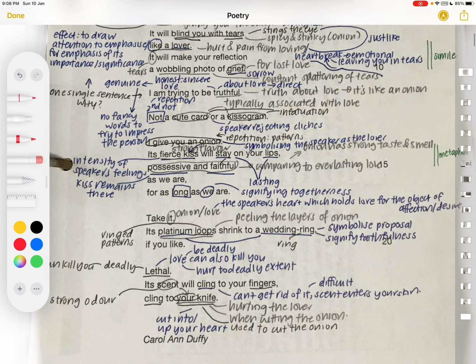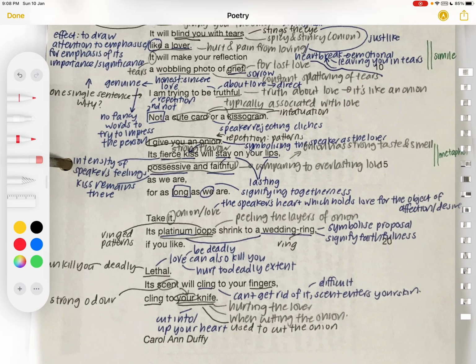"I give you an onion. Its fierce kiss will stay on your lips, possessive and faithful, as we are for as long as we are." "I give you an onion" symbolizes the speaker, as the lover, giving the person that she or he loves the love that the other person deserves, because the onion is a symbol of love.